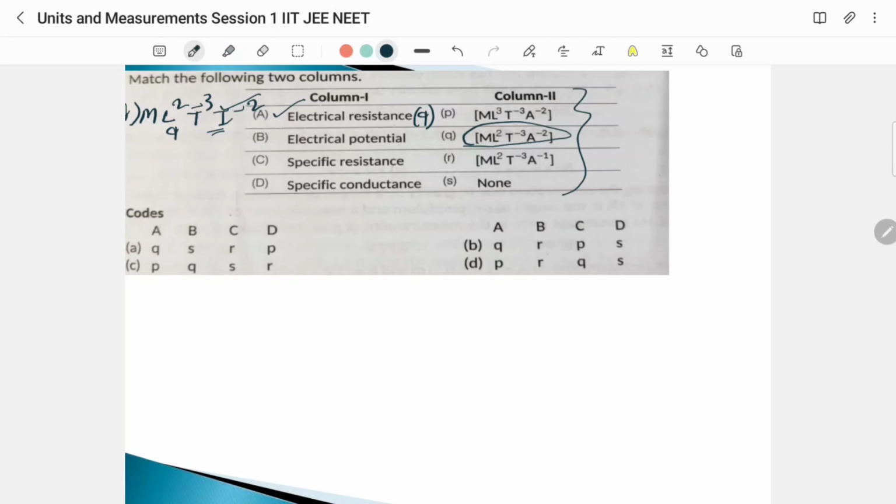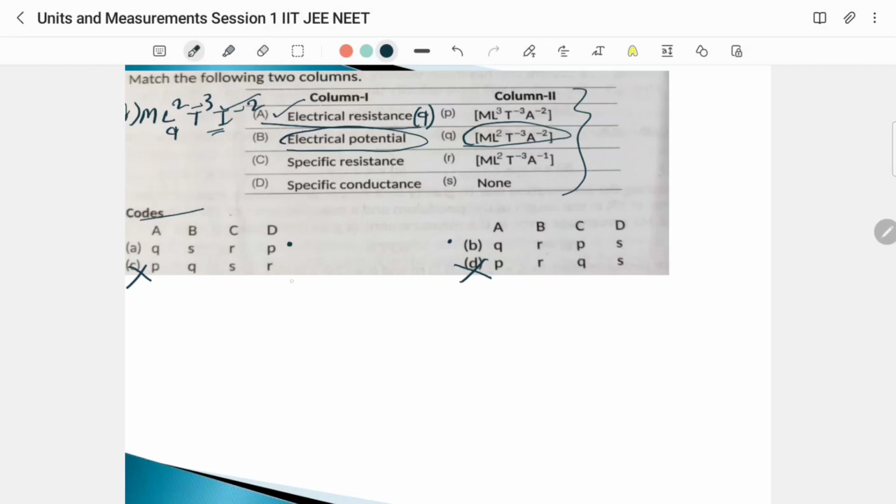Now we will sort through our answers and look for which option corresponds to A to Q. So this option might be a possibility, this option cancels out, this might be a possibility, this also cancels out. So now we're left with two options to check from.